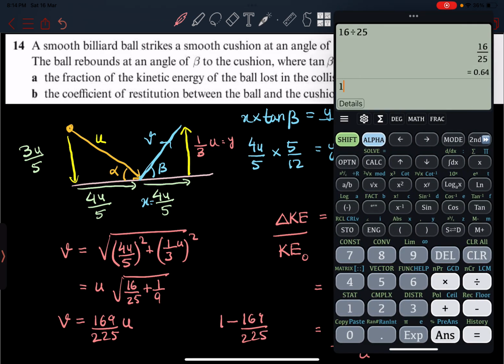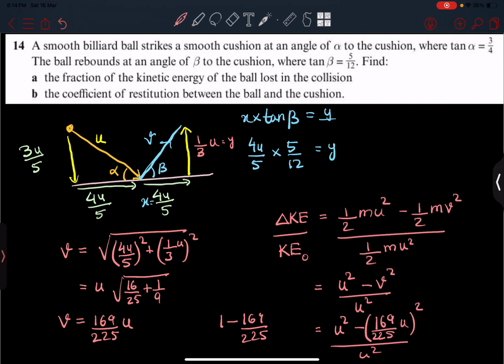So 1 minus 169 over 225, and then the fraction that we have lost is 56 over 225. So that is the amount of kinetic energy that we have lost.